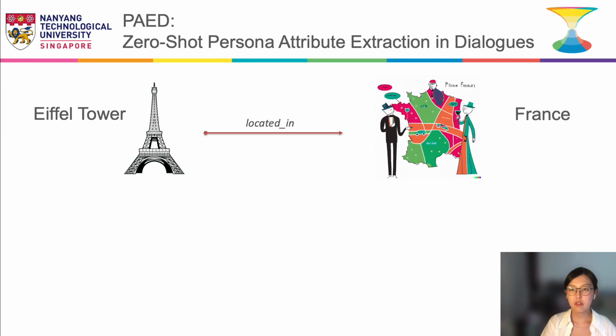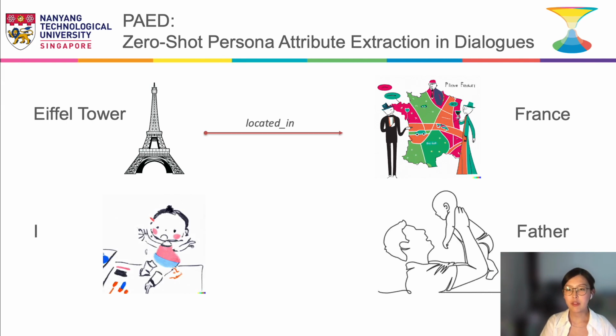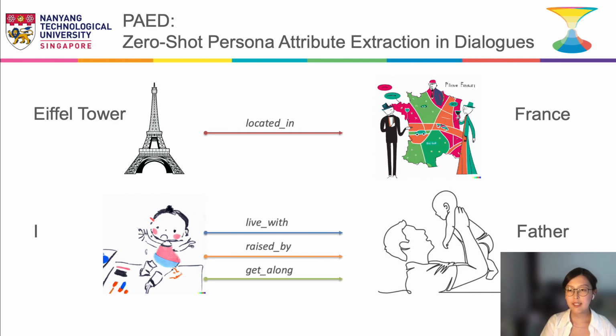However, the main difference is that there are usually more than one relation type between the subject and the object in a dialogue utterance. For example, the relation type between I and father can be live with, raised by, and get along. We can easily change the relation type by flipping one or two tokens in the utterance, such as like to hate.